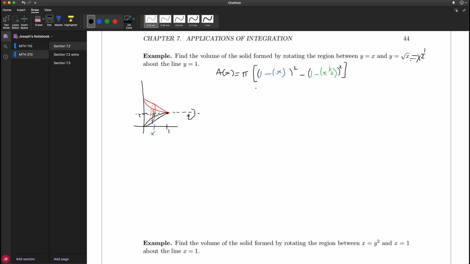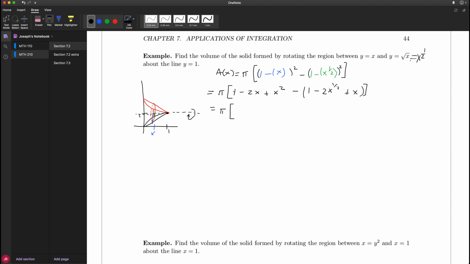And simplifying, what we're going to get, so I'll need some room here. We're going to get pi times bracket 1 minus 2x plus x squared minus parentheses 1 minus 2x to the 1/2 plus x, which simplifies to pi, and now we get 1 minus 1 is 0.